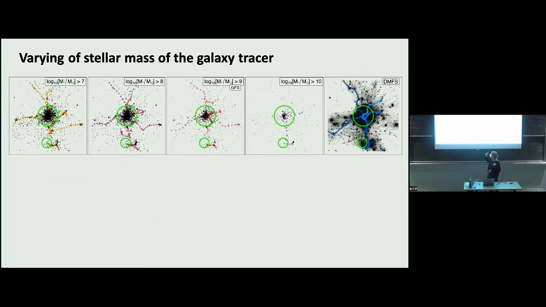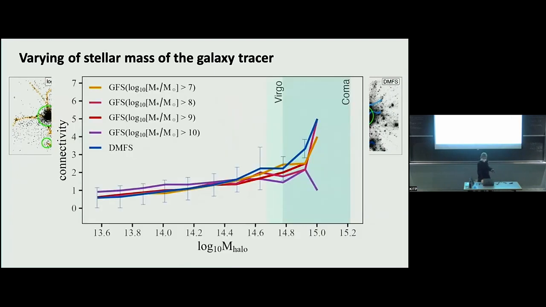But for low mass galaxies, connectivity in this example shows pretty much the same results as for the dark matter filament system. And on the plot, it will look like this. You can see the yellow line, it's for the galaxy filament system for galaxies of mass 10^7, and let's try to reach the dark matter filament system.